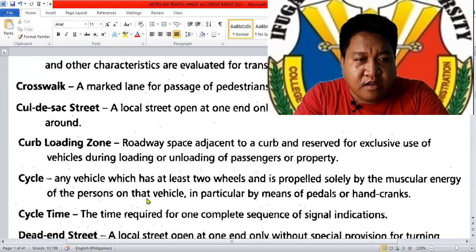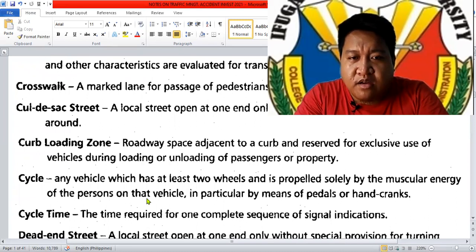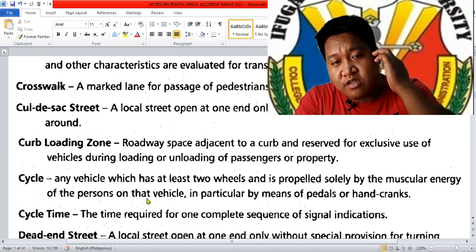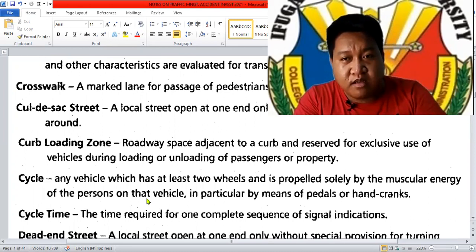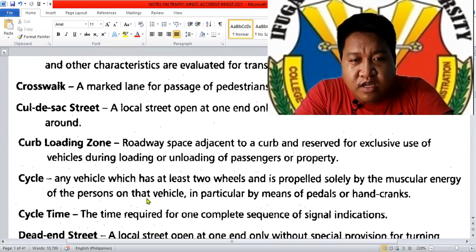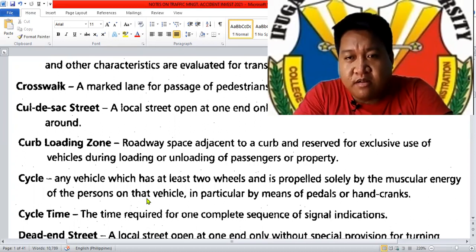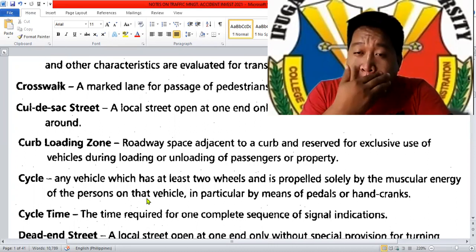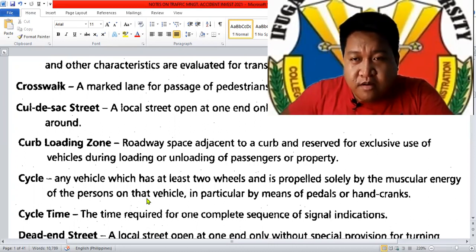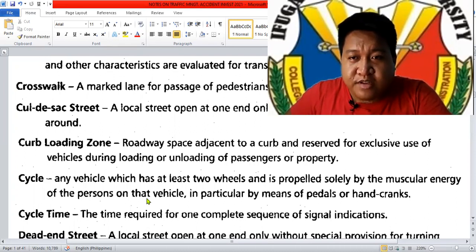Another is cycle. Cycle is any vehicle which, so hindi yung menstrual cycle or any cycle, but as far as traffic is concerned, cycle is any vehicle which has at least two wheels. Yan. So ang four wheels natin, ang automobile or yung car, walang cycle yon.